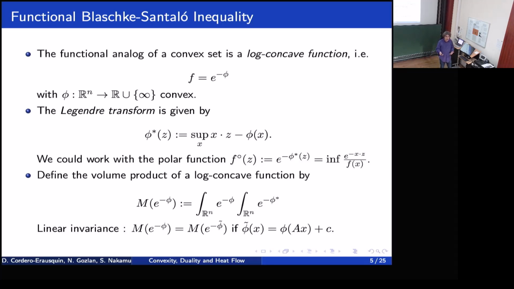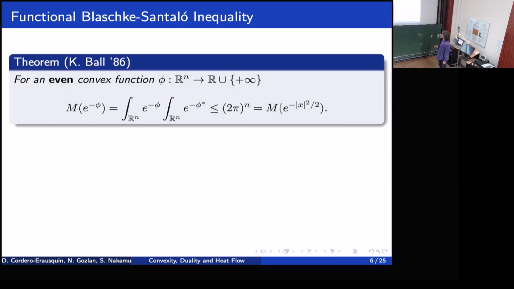And so you can ask again, I should say here, by the same reason as before, I will assume that phi is even, which plays the role of K being symmetric. And you can ask again, what is the maximum or the infimum of this quantity over all even convex functions? And this was observed by Ball, that the maximum is obtained, again, for the Gaussian.